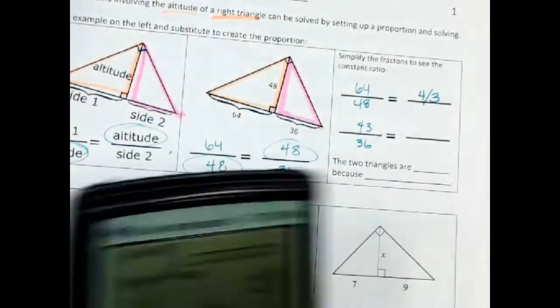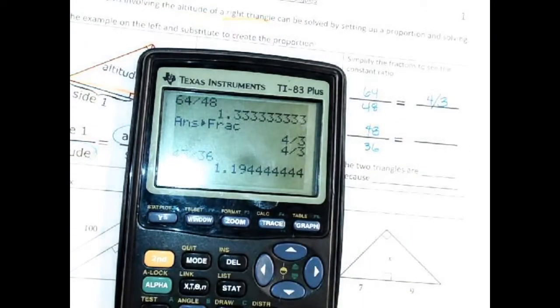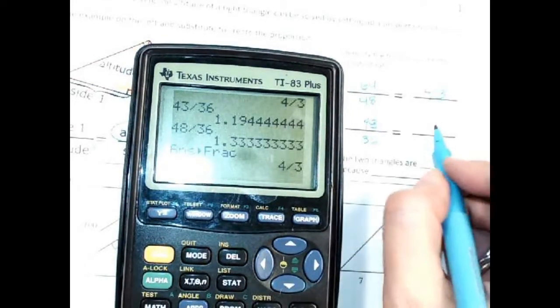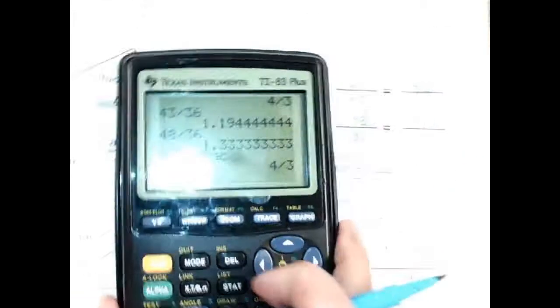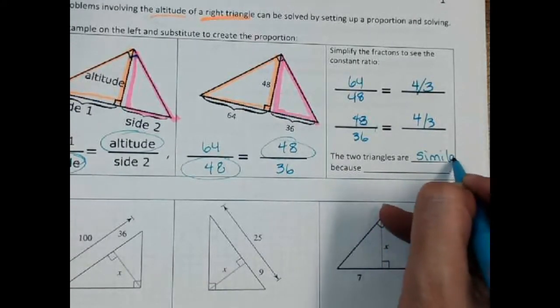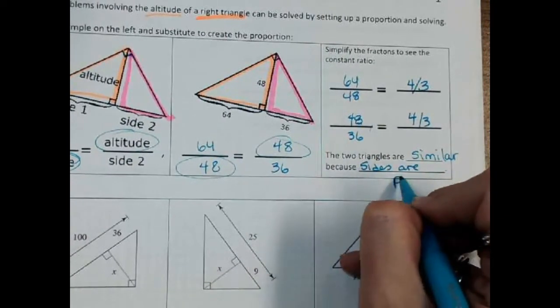Oh, I'm sorry, I first typed 43, that's why it didn't come out. 48 divided by 36, math, enter, and look, that's also 4/3. So these 2 triangles are similar because their sides are proportional.